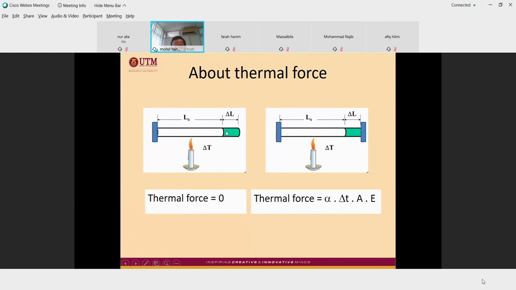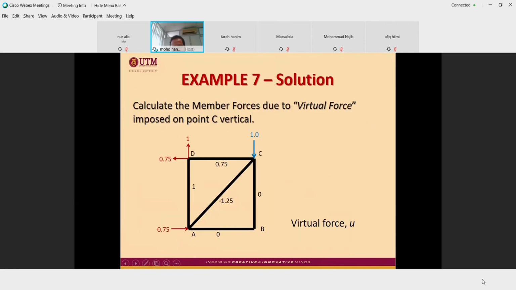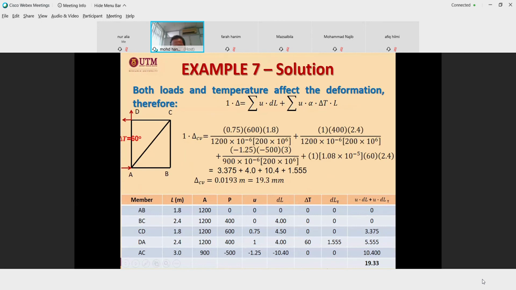It is thermal expansion of a member, but not the final elongation or shortening of the member individually. This is what I mean here. 1.55 is individually.